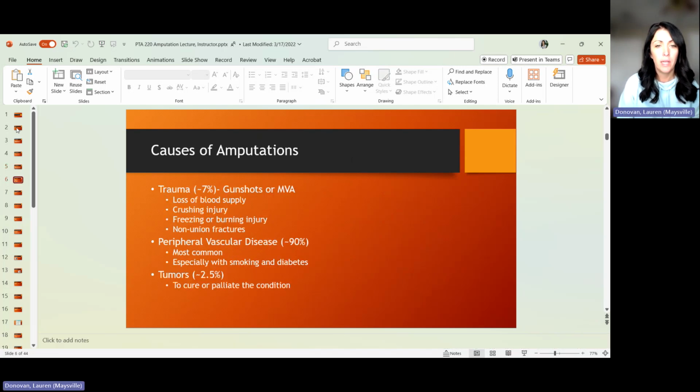So, causes of amputation: 7% is from trauma, maybe a motor vehicle accident or even gunshots. Peripheral vascular disease or PVD is 90%, and that's usually, especially with smoking and diabetes, the most common. Tumors make up 2.5%.